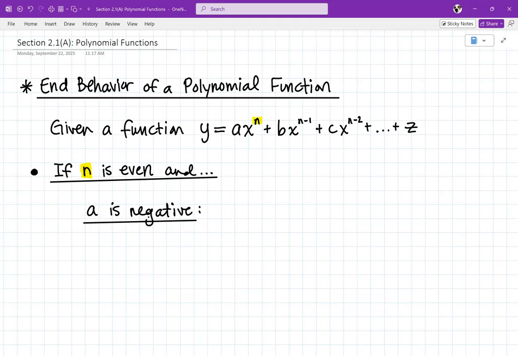What happens in that case? So if a is negative, but the power is positive, so we're going to say it goes up to the left, it goes up to the right.